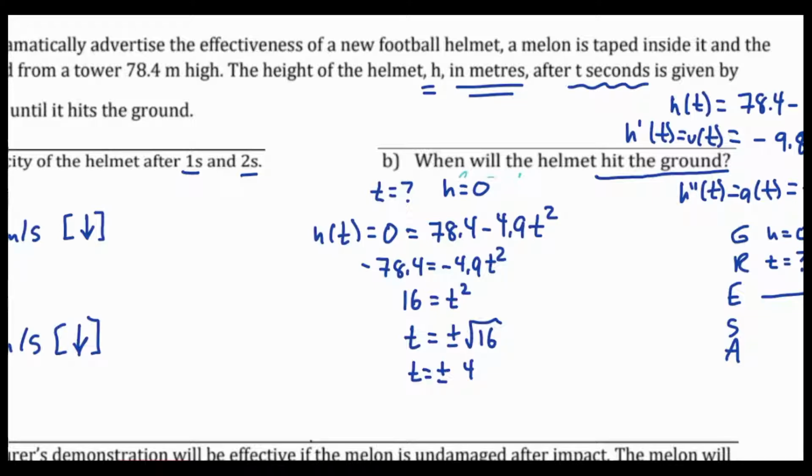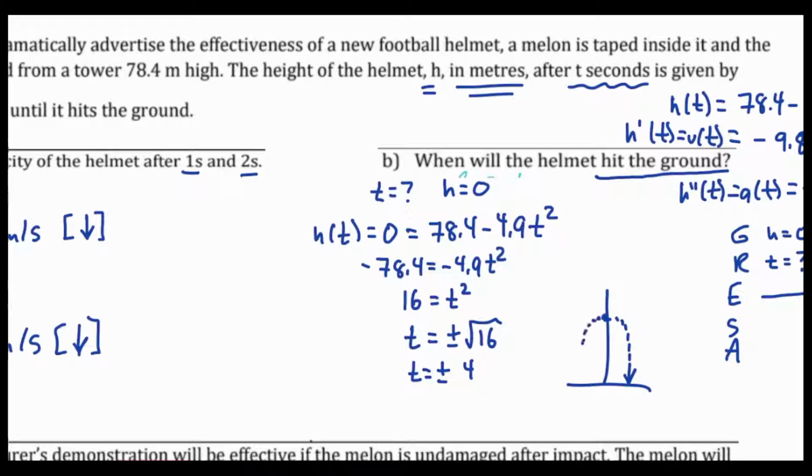Think carefully about that answer. What do we know about this value? This is giving us the time. Can I have a negative time? Not really. Technically, we can imagine that if we started measuring at this point, and we're looking at the helmet falling, maybe it's not falling. Maybe it was thrown, and we just started measuring at the peak of the throw.